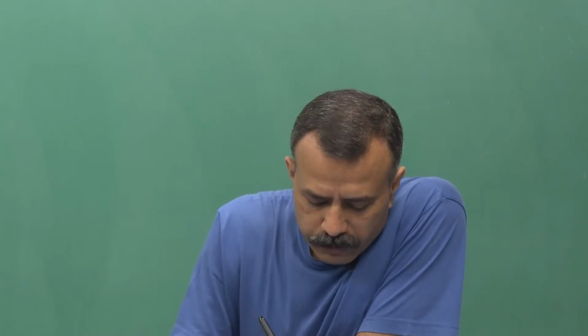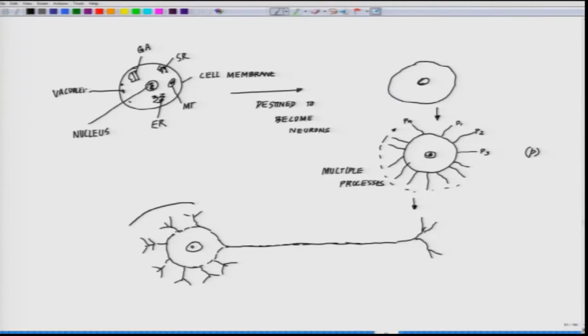these small processes which did not grow further are all termed dendrites individually, and this whole network they form, the arborization, is called the dendritic arbor.